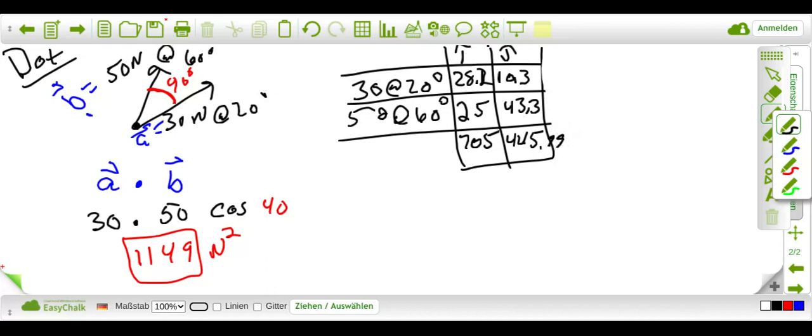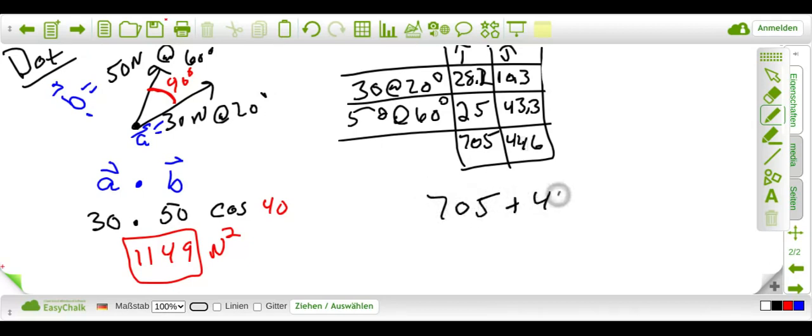So really 446 would be the answer. Now, as I told you, rounding makes a difference here. So 446 is the value. And so what we do is we're going to add these two numbers together. 705 plus 446.